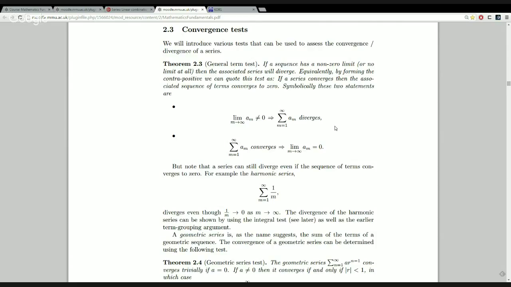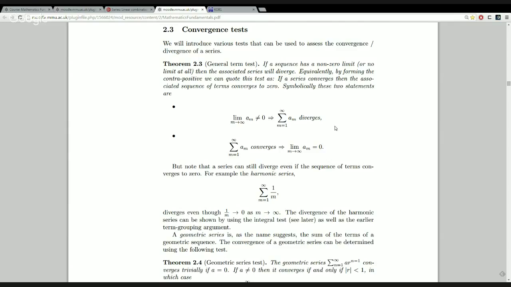The sequence of terms is convergent, and what does it converge to? 1. Because it's a constant 1 minus a bit, but the bit is converging to 0. So this converges to 1, and the important thing about 1 is it ain't 0.